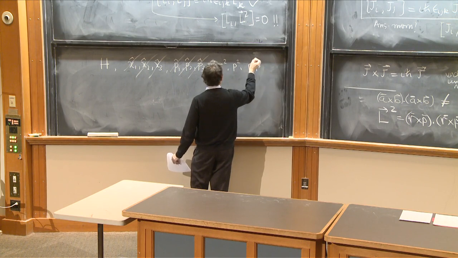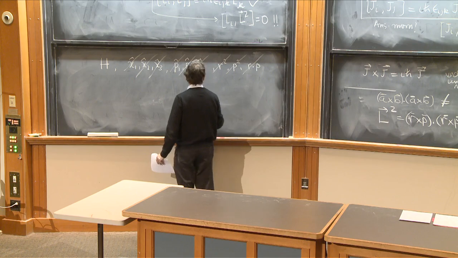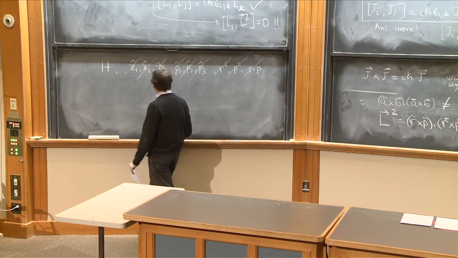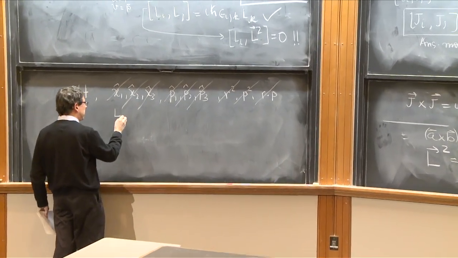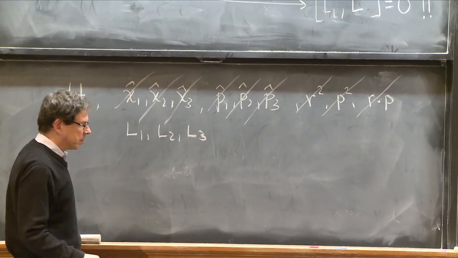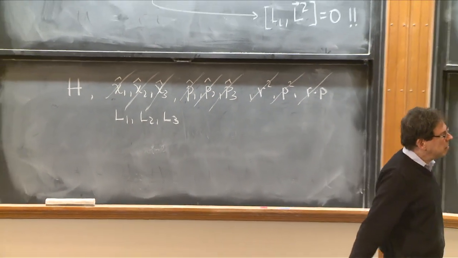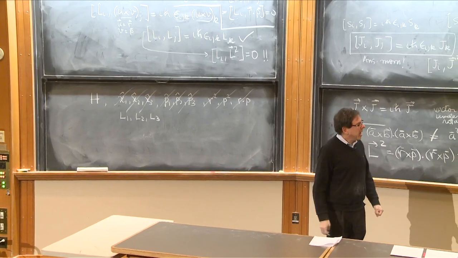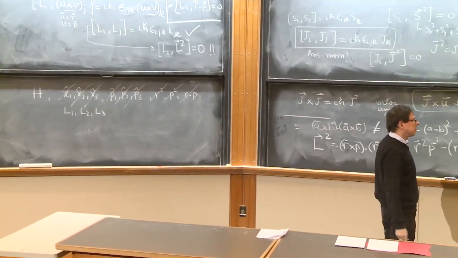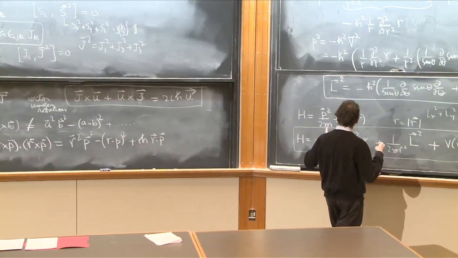No good either. On the other hand, r cross p is interesting. You have the angular momentum, L1, L2, and L3. Well, the angular momentum will commute, I think, with the Hamiltonian.